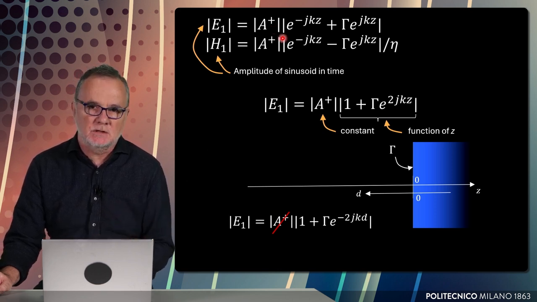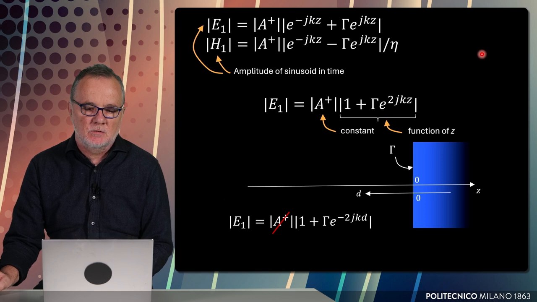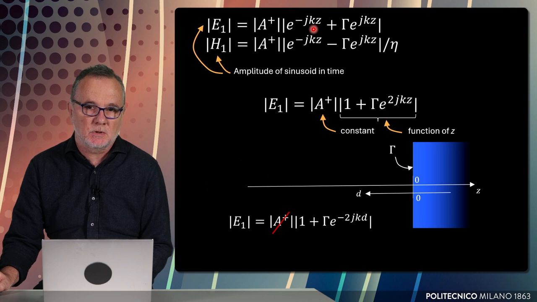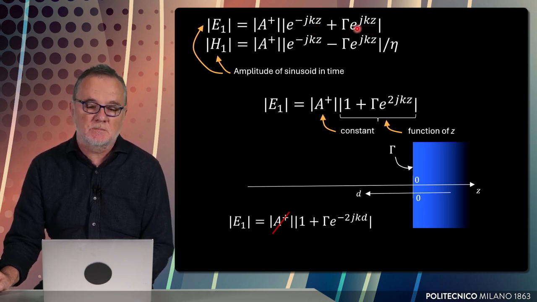What is instead interesting is the other term, which is the magnitude of the progressive wave propagating along the positive z direction and the regressive wave multiplied by the coefficient gamma. Similarly, the magnetic field has a similar pattern, but with a minus here, as you see.